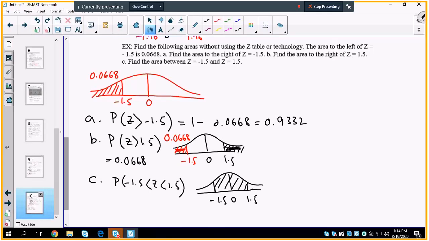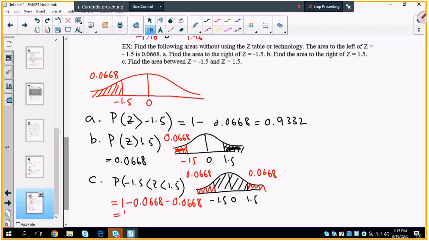You know the area to the left is given to be 0.0668, and we just found that the area to the right is also, by the symmetry, 0.0668. But I want the in-between area. So that's 1 minus, subtract the area to the left and subtract the area to the right. And I get it done.